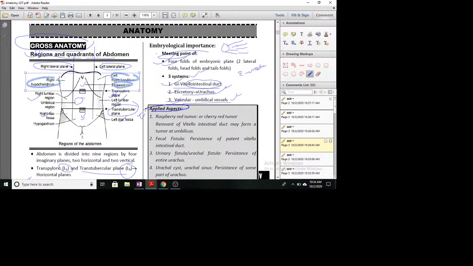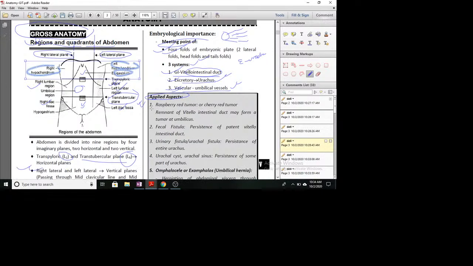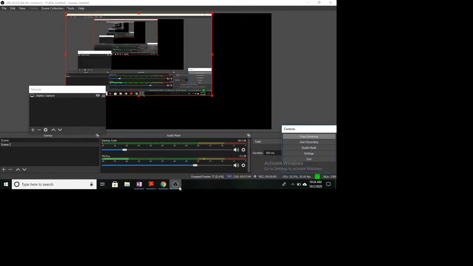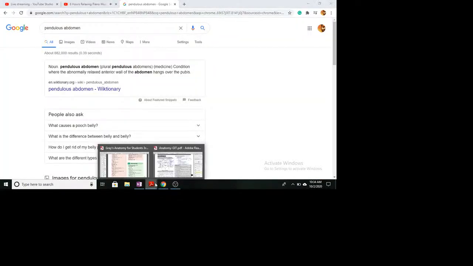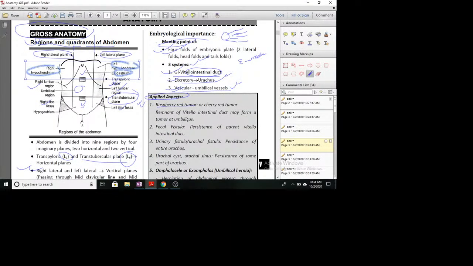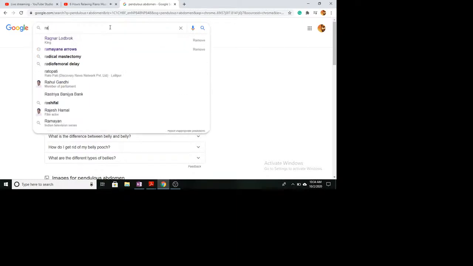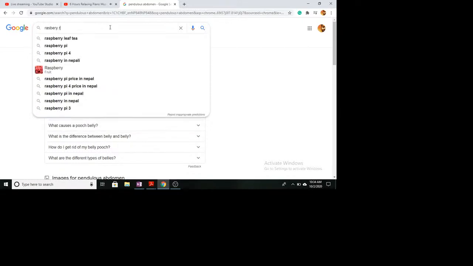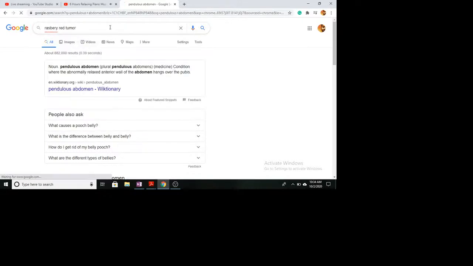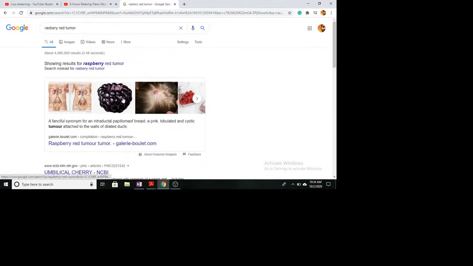So let's talk about the applied aspects. Raspberry tumors or cherry tumors. I need to see what the raspberry red tumors look like, so I'm going to search for raspberry red tumor and look at the images.